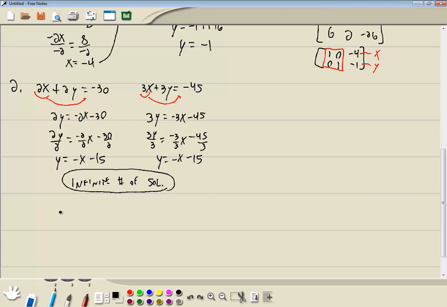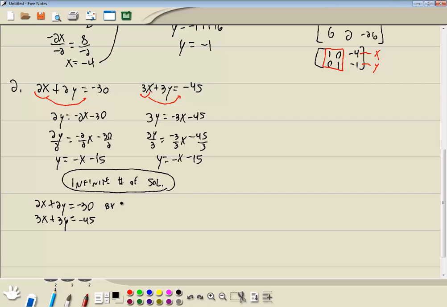Now, if I were to solve these by adding or elimination, we got 2x plus 2y is equal to negative 30. And we got 3x plus 3y is equal to negative 45. And let's say I'm going to eliminate the y's.